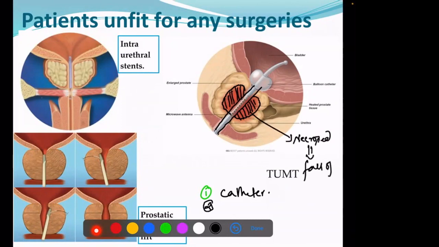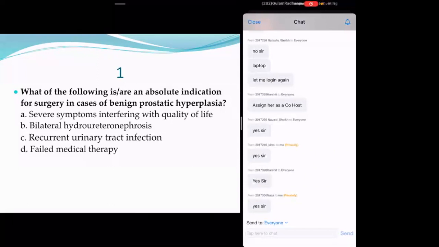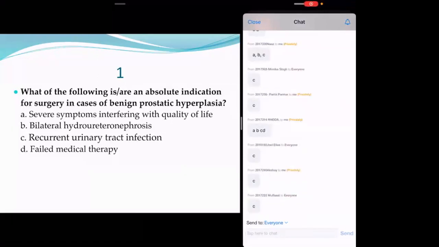Okay, allowing the urine to go through it. Sometimes we can put a stent, or we can lift the prostatic lobe such that you can make a space out of it. All are the indications of surgery.